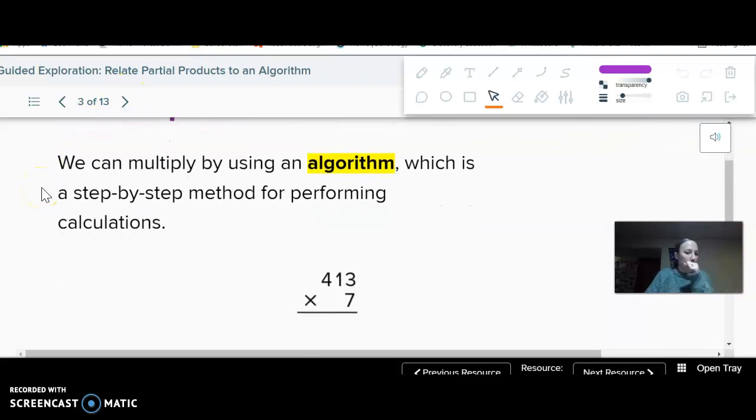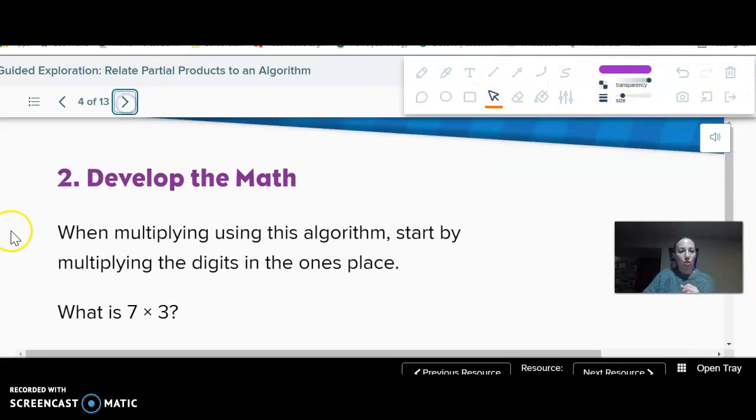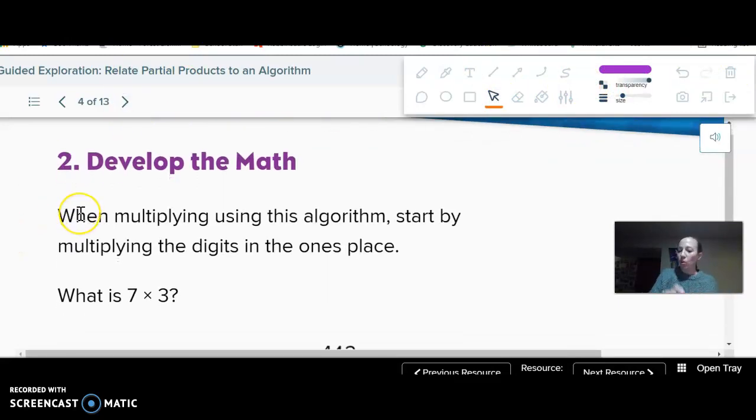So one way to multiply is an algorithm. The definition they give here is a step-by-step method for performing calculations. So that's the official definition: the step-by-step method that's been commonly accepted as a way to do it. Like it says in your notes, we start in the ones place.